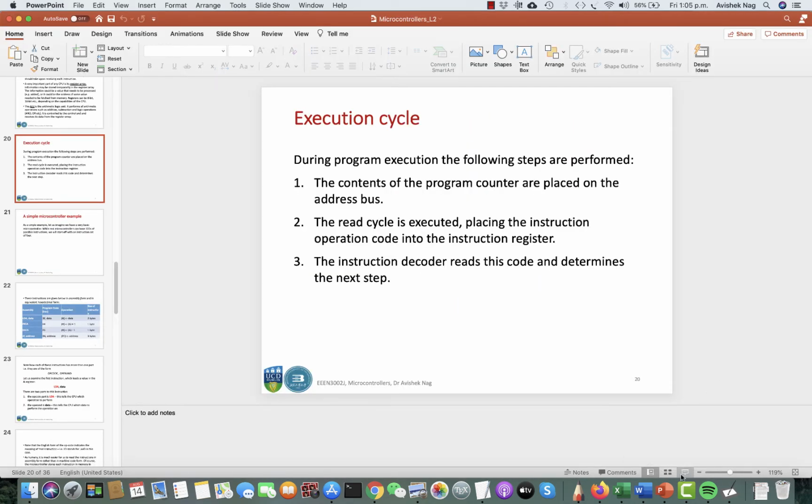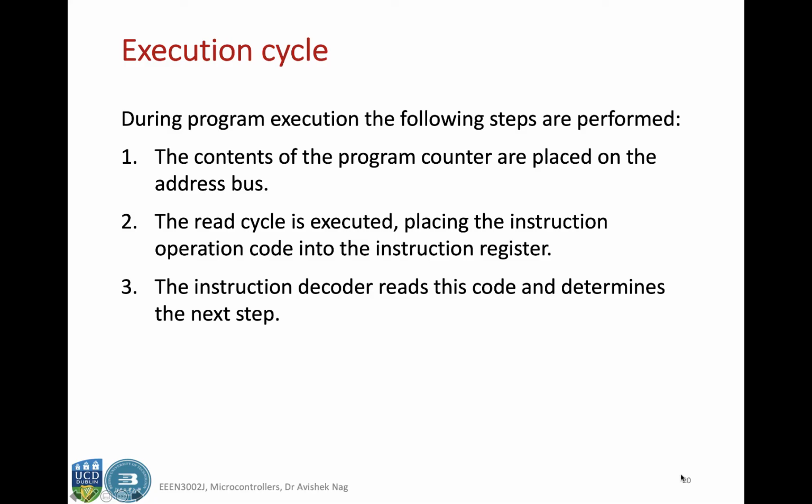So going back to the execution cycle, first the contents of the program counter are placed on the address bus. Why? Because this is the current address where the current line of the program is stored. So that has to be placed on the address bus, and then the read cycle is executed in step 2, placing the instruction operation code into the instruction register.